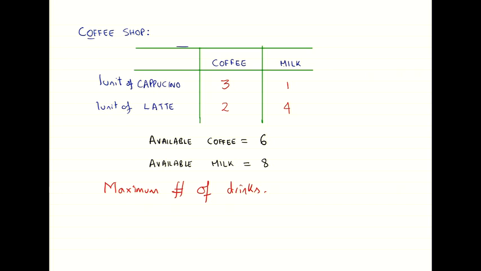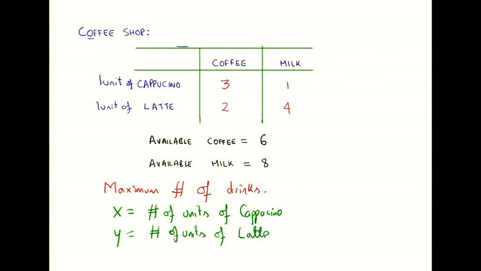So the 2 decision variables, the 2 variables that you care about, are x, the number of units of cappuccino, and y, the number of units of latte. You want to know the value of x and y. And x and y are positive real numbers for now.